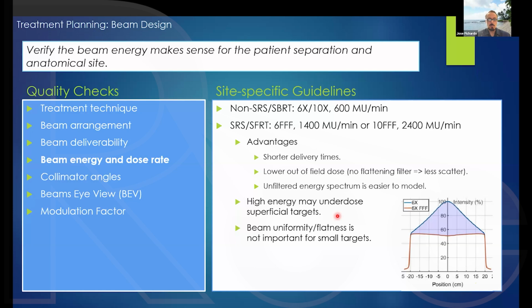You may just do a plan with 6 and one with 10 and compare, I guess, if you have any doubts. Most of the times, in my experience, most of the lesions were pretty close to the surface, with exceptions, right? Sometimes, if you're treating brainstem, I guess, then you're deeper. But yeah, I've rarely used 10 FFF. That doesn't mean that you shouldn't. It's just that in my experience, I've rarely used it.